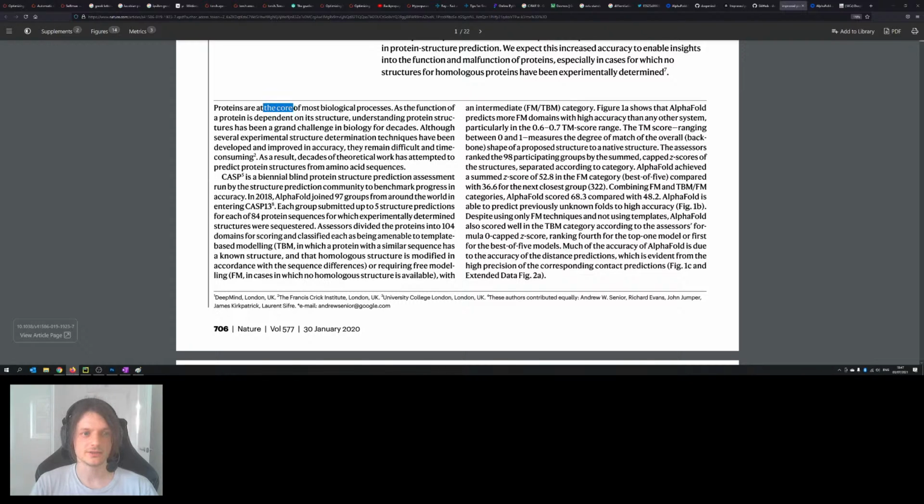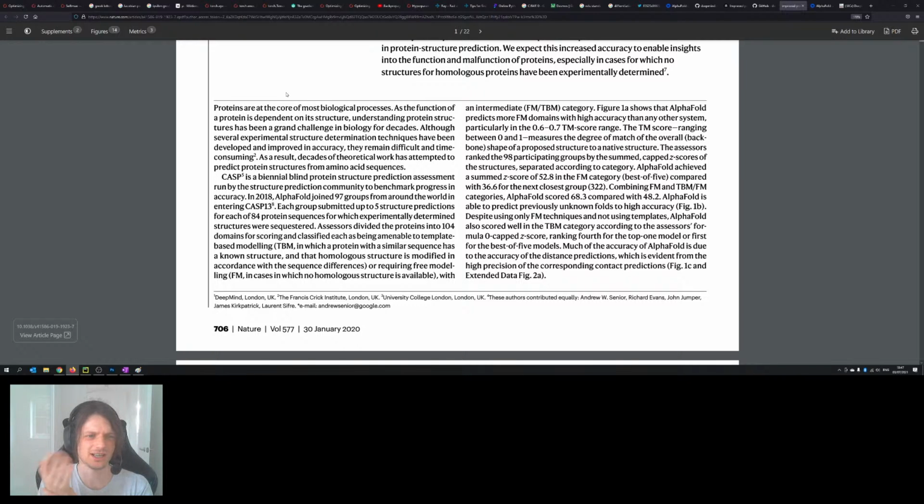Proteins are at the core of most biological processes. As a function of a protein is dependent on its structure, understanding protein structures has been a grand challenge in biology for decades. Although several experimental structure determination techniques have been developed and improved in accuracy, they remain difficult and time-consuming.